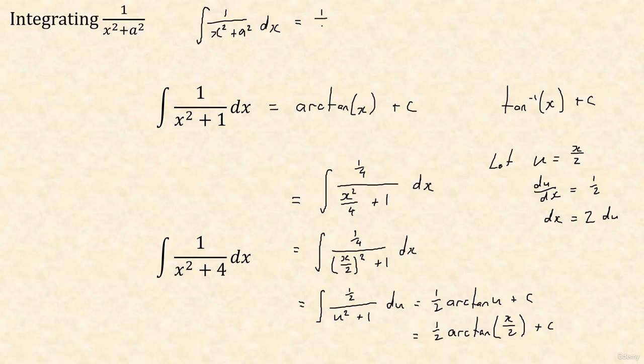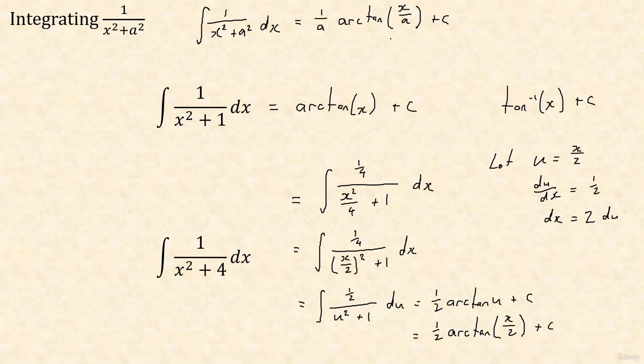So 1 over a times arctan of x over a. Now, if you ever need to prove this or derive it, it's just done using a substitution. The important thing is to get a 1 on that denominator, because then you can use the standard result. So we use a substitution, it will turn it into u squared plus 1. So there's the general result.